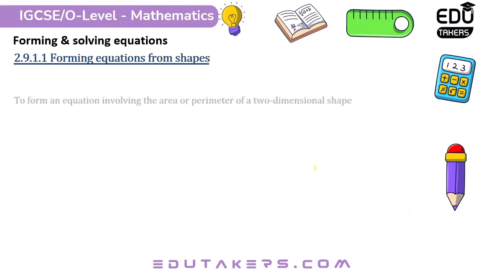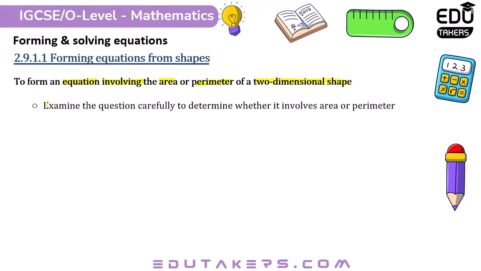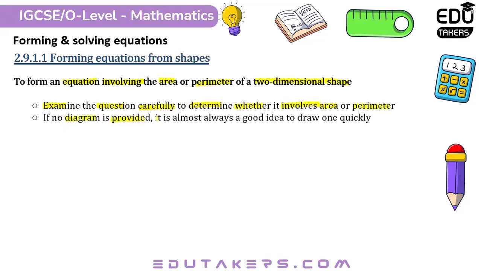Forming equations from shapes. To form an equation involving the area or perimeter of a two-dimensional shape, examine the question carefully to determine whether it involves area or perimeter. If no diagram is provided, it is almost always a good idea to draw one quickly.